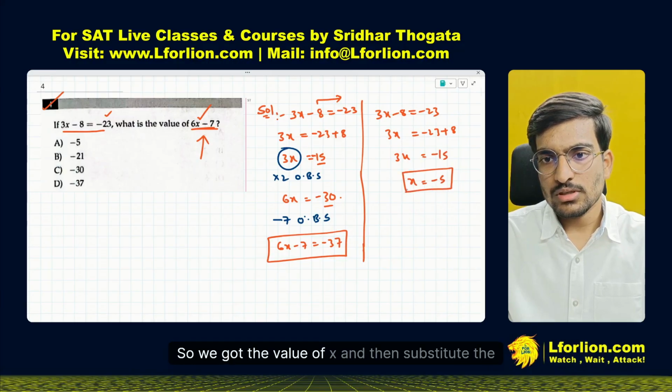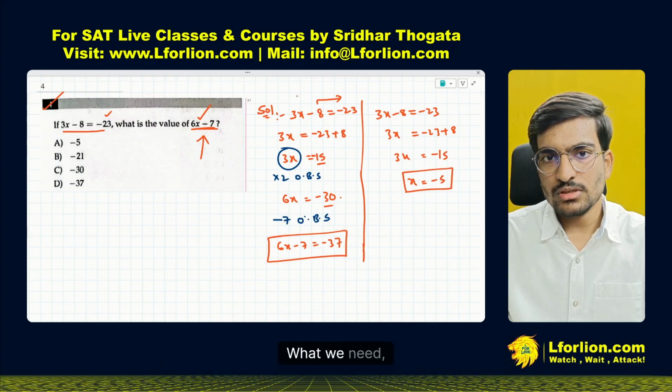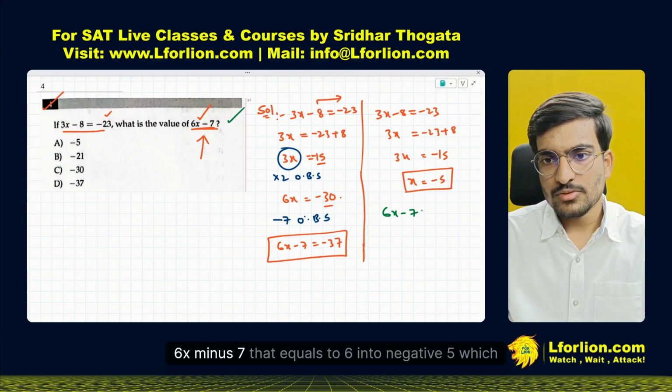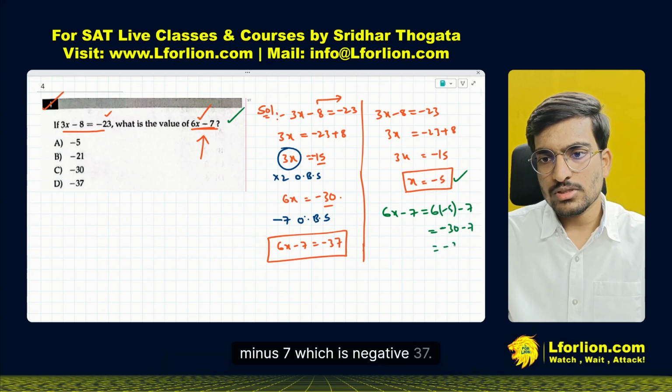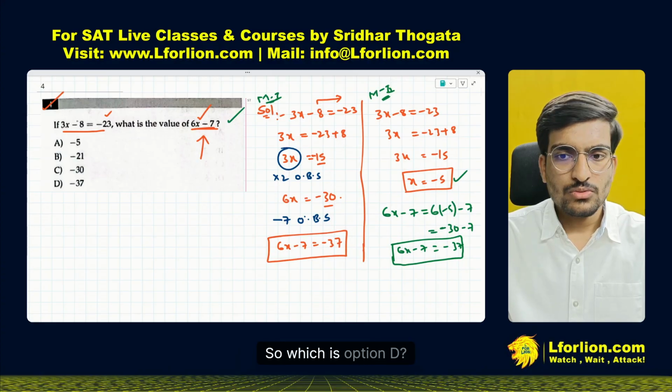So we got the value of x, and then substitute into what we need. We need 6x minus 7, which equals 6 into negative 5, the x value, and negative 7. That is negative 30, negative 7, which is negative 37. Same story. You can do either way. So which is option D.